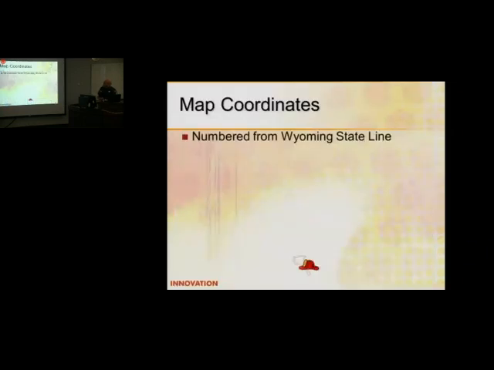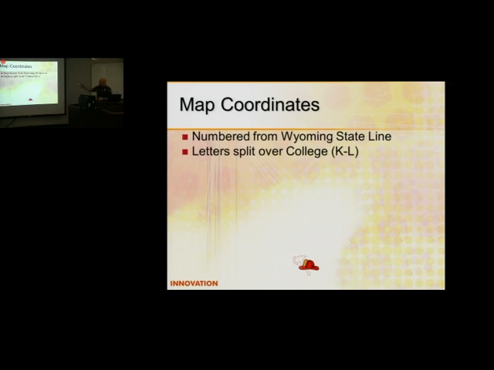Map numbers, map coordinates. They start at the Wyoming state line, and they are 1 square mile coordinates. They're designated by a letter and a number. When they started this, they kind of figured Fort Collins would be the center of the Front Range. Granted, K and L isn't really the center of the alphabet. It was close enough. As far as going west, there wasn't too much space west in our area, and going east there was quite a bit more.